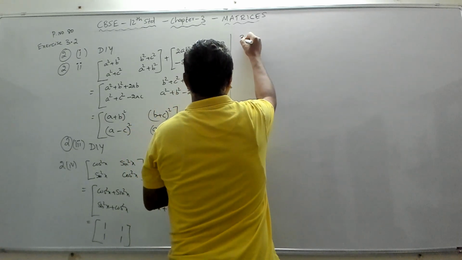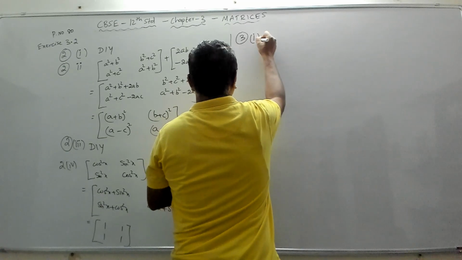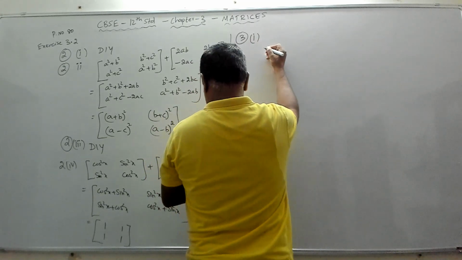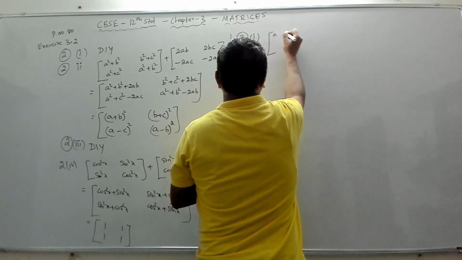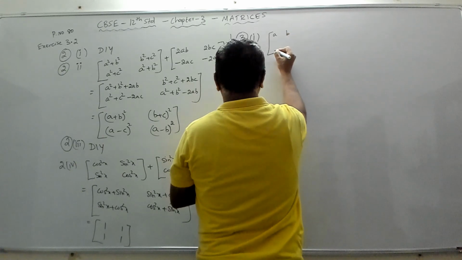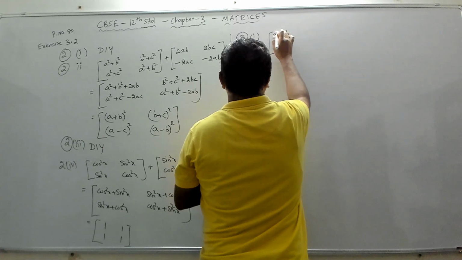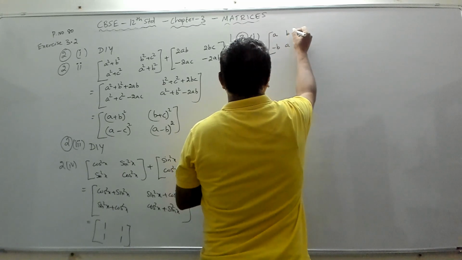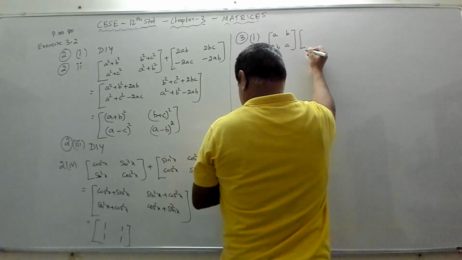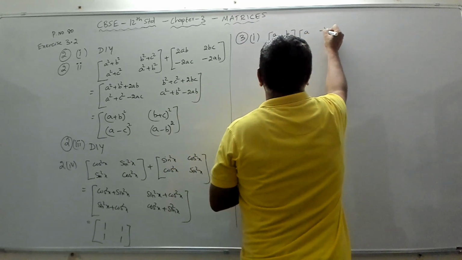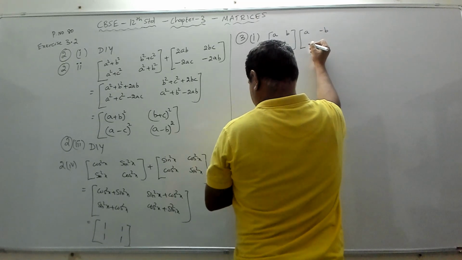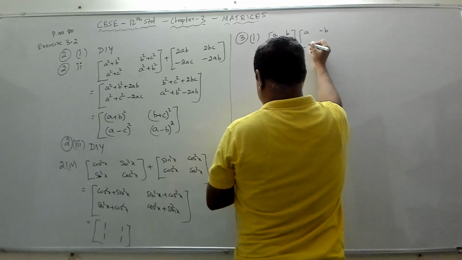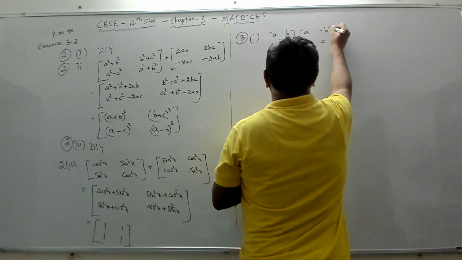The third problem, first sub problem: we have to multiply the matrix A, B, minus B, A with the matrix A, minus B, B, A.